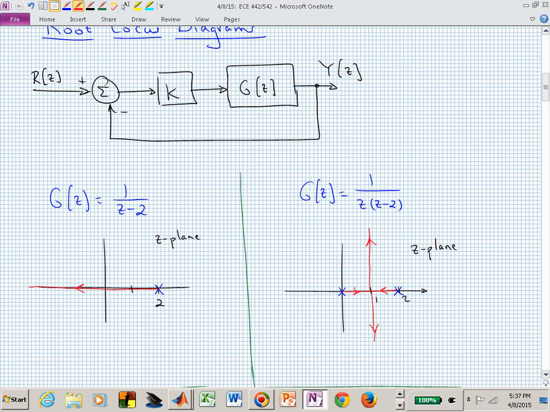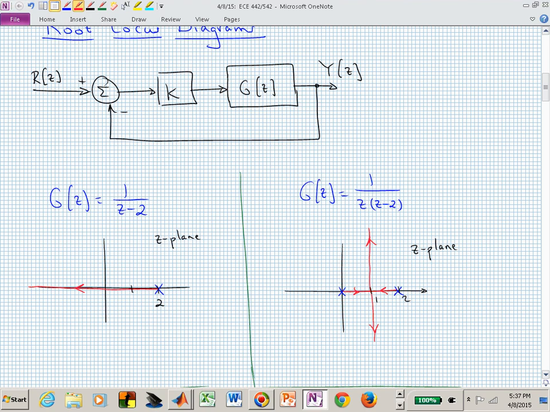What's our pole zero excess in that rightmost transfer function? How many poles? 2. How many finite zeros? 0.